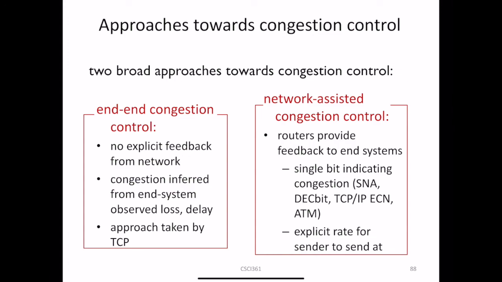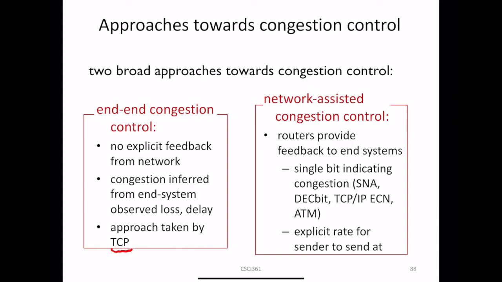For this one, there's no explicit feedback from the network, so the congestion is inferred by the end systems through observing packet loss or packet delay. Actually, the TCP protocol uses this end-to-end congestion control solution.